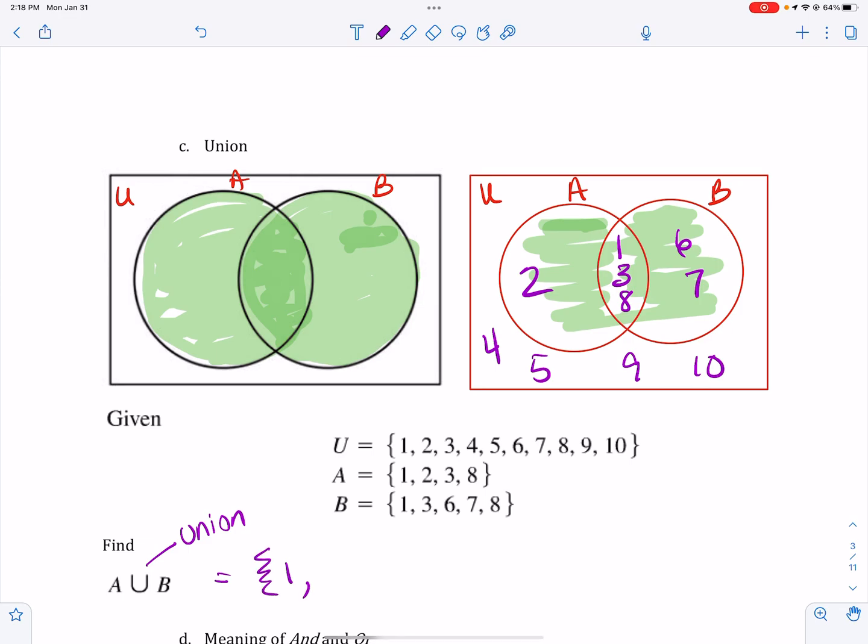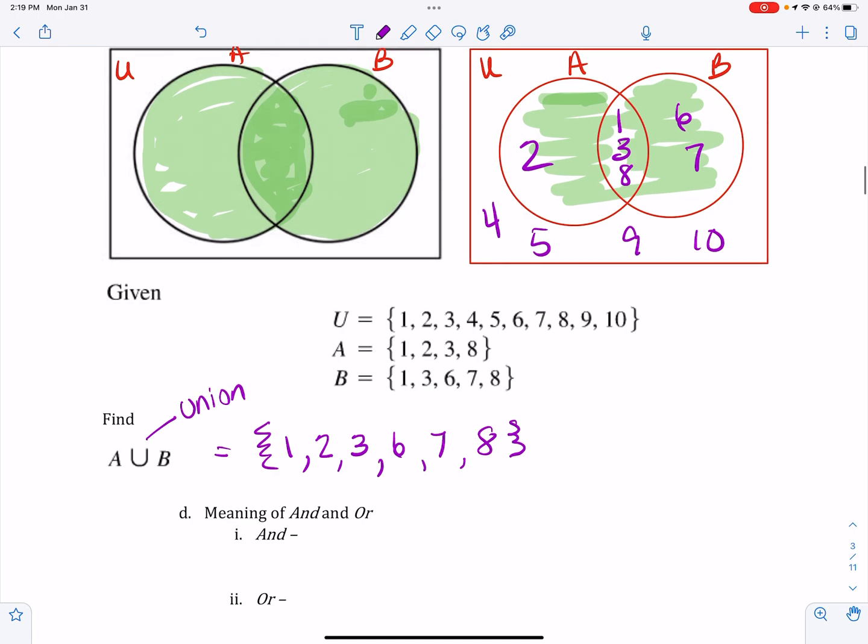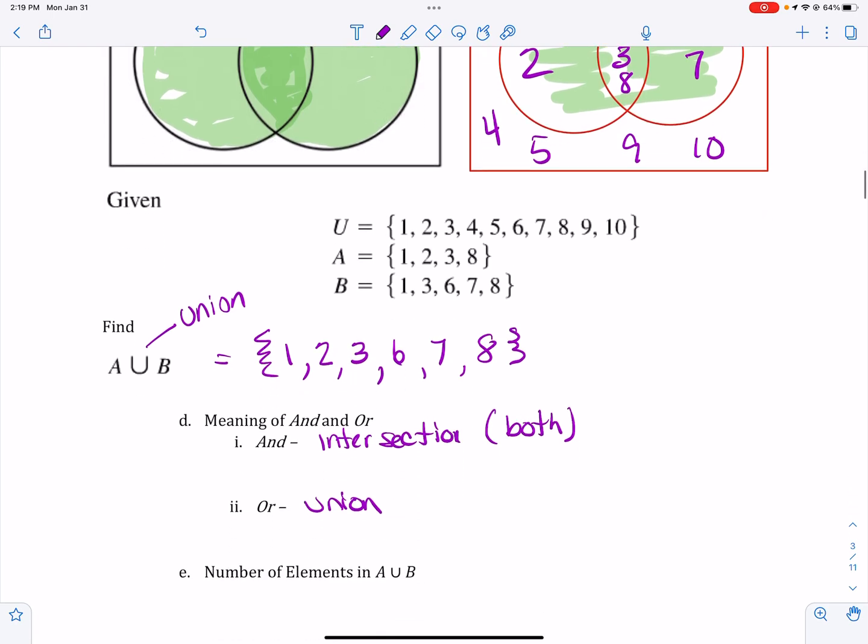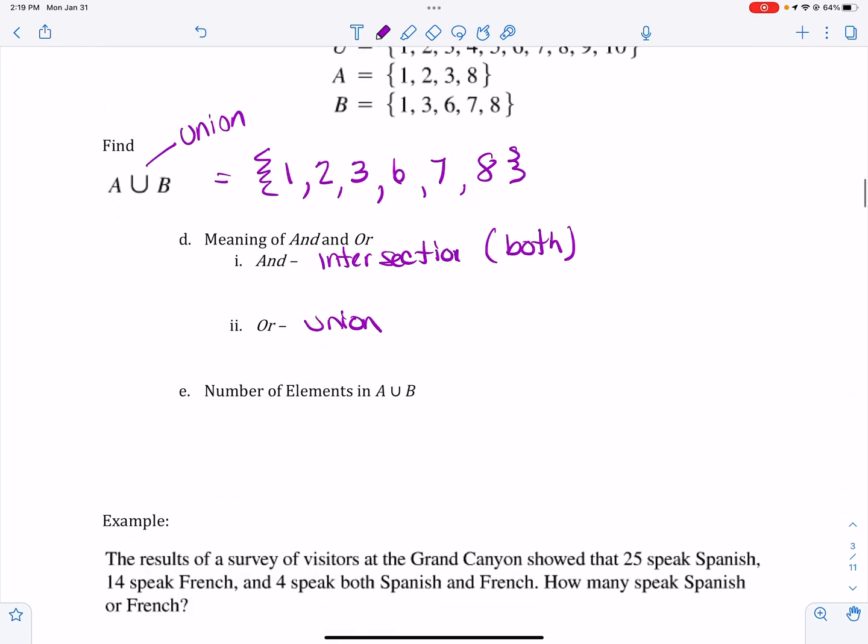So 1, 2, 3, 6, 7, and 8. Okay? So and is intersection, which is both, and or is union, one or the other or both, okay?